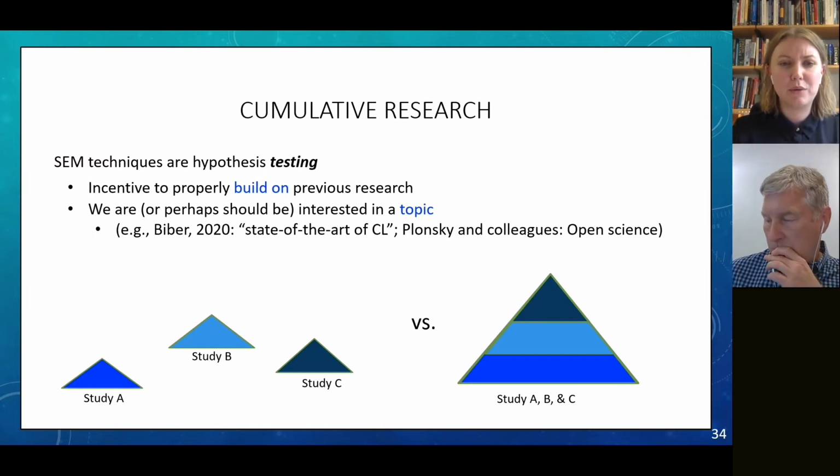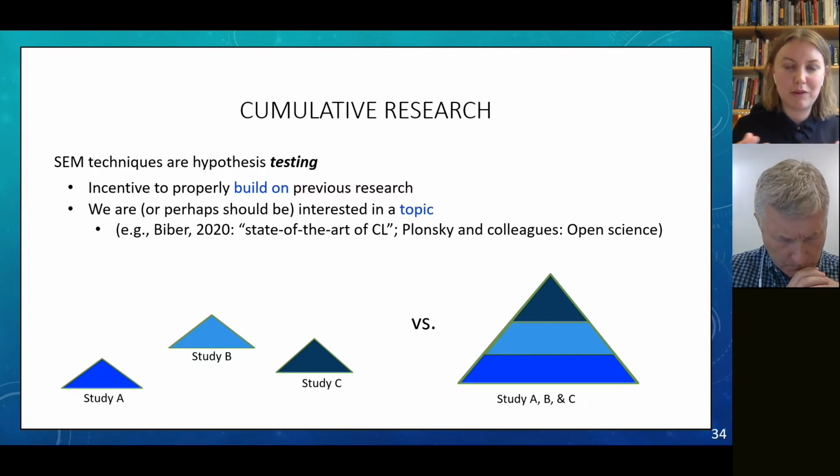And this goes back to a plenary that Doug Biber gave in 2020, where he asked the question, do we even have a state of the art in corpus linguistics? So what's going on here? Just to briefly discuss this: what tends to have been the case in the past in corpus linguistics is that a team of researchers or a single researcher is interested in a topic.